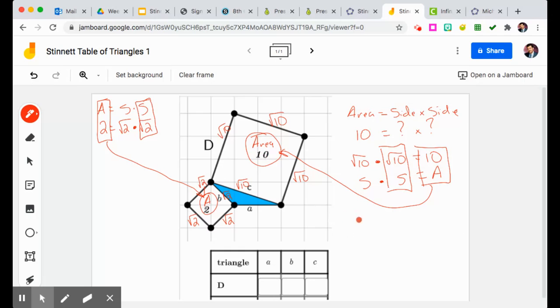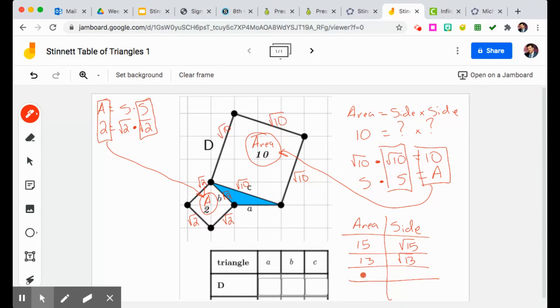So I'm going to make a little chart and say, okay, we have our areas and we have our side lengths. If my area is, let's say, 15, what's the side length of that square? Square root of 15. If my area was 13, what would be the side length? Square root of 13.